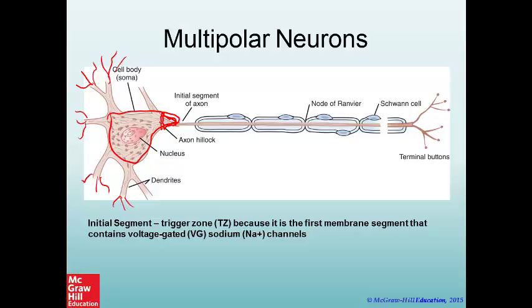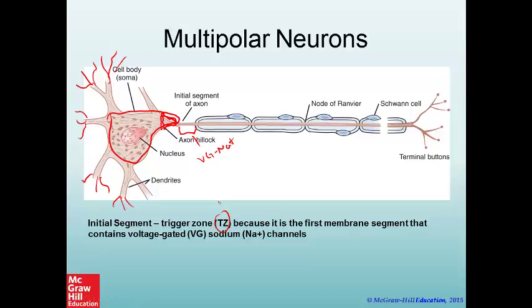Somewhere in this region is going to be the first segment where you will find voltage-gated sodium channels. That's going to be the initial segment. When an action potential is produced, it's going to be called the trigger zone.